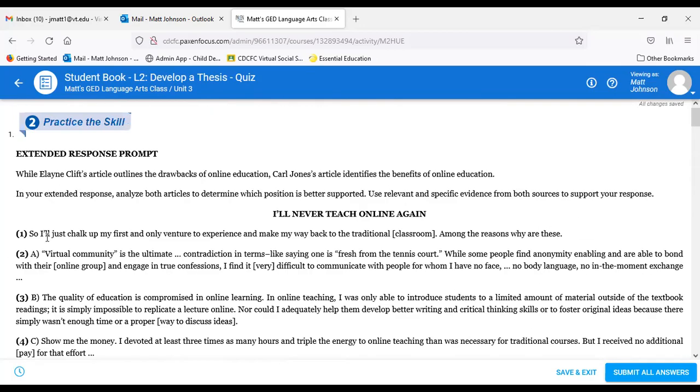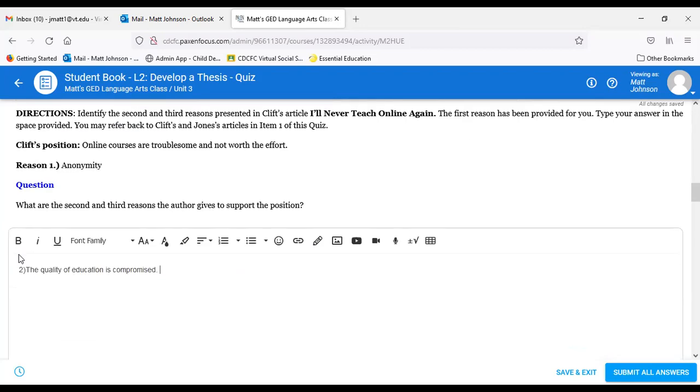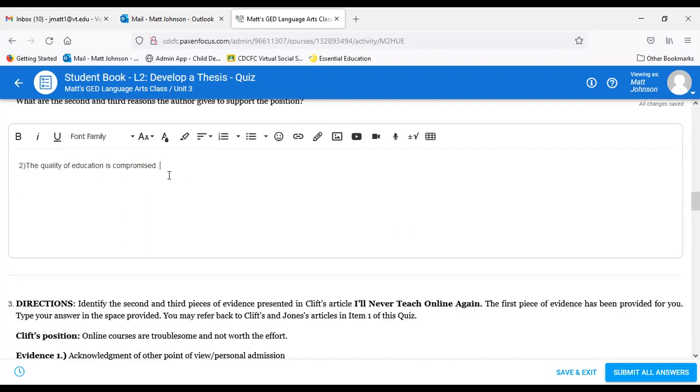Quality of education is compromised, only able to introduce students to a limited amount of material. Oh, geez, I am struggling with typing today. Okay, so that is our second reason.